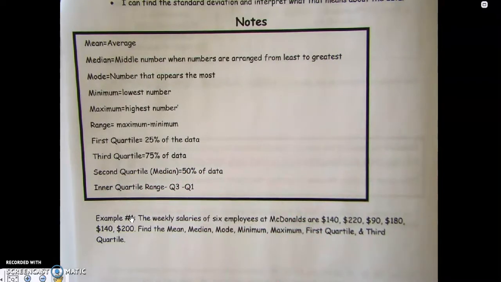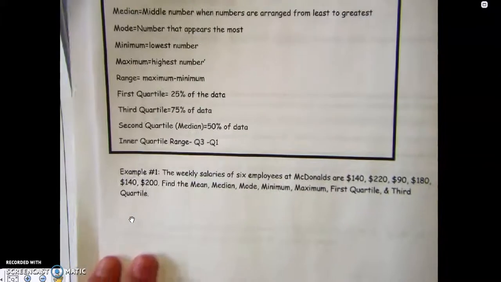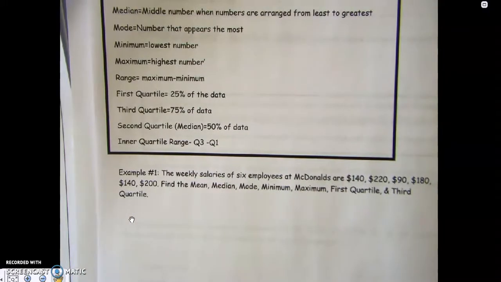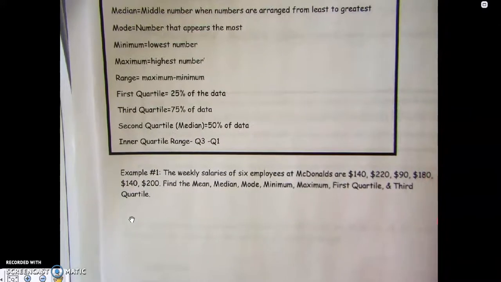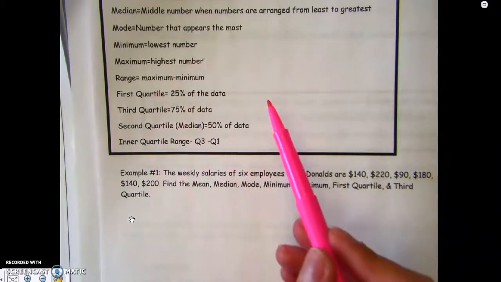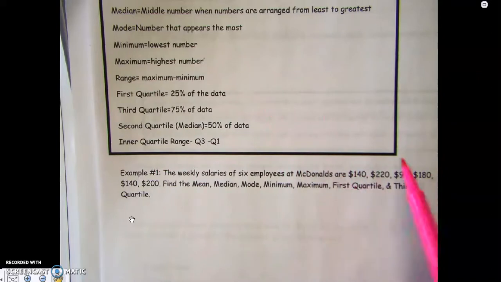So the weekly salaries of 6 employees at McDonald's are 140, 220, 90, 180, 140, and 200. Find the mean, median, mode, minimum, maximum, first quartile, third quartile, and we're also going to do the interquartile range, just as a review. So the first thing I do is put the numbers in order from least to greatest.